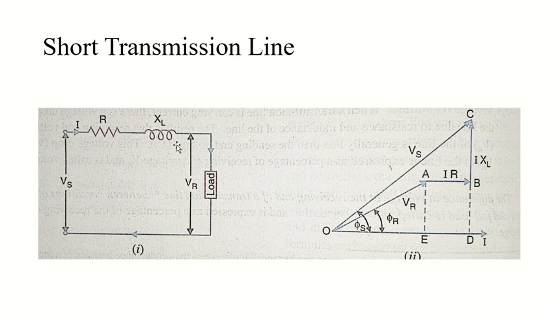Now let's see what we have done here. We have taken the current I as the reference phasor. You can see the current vector I is taken as reference vector.